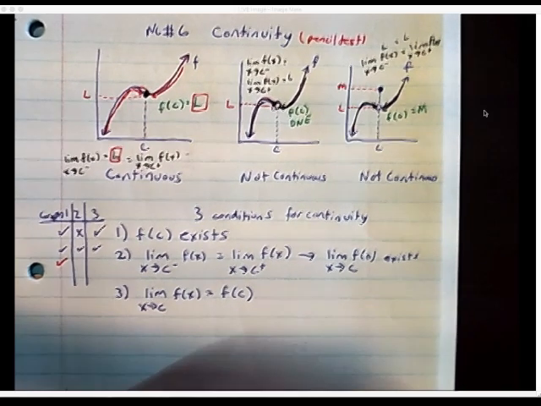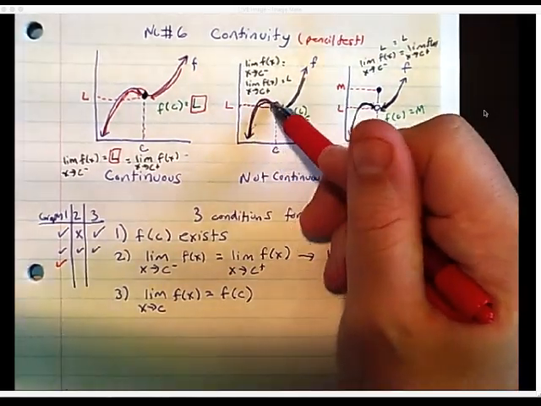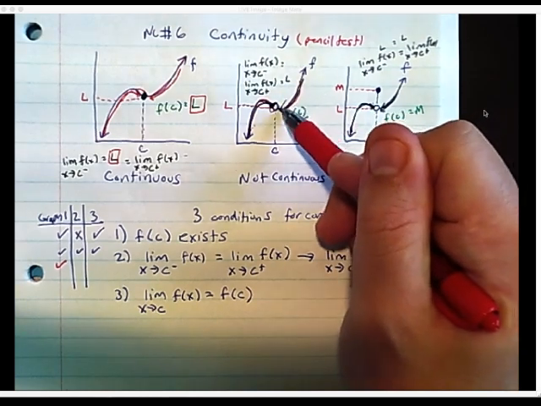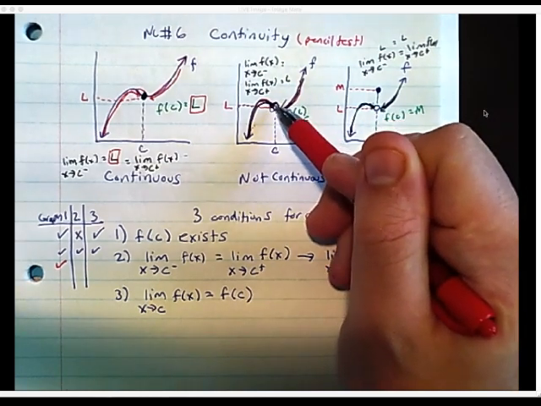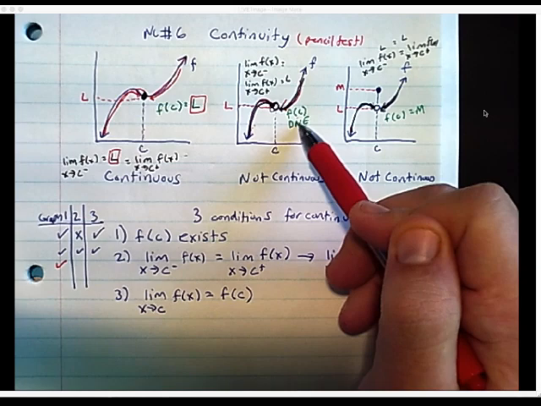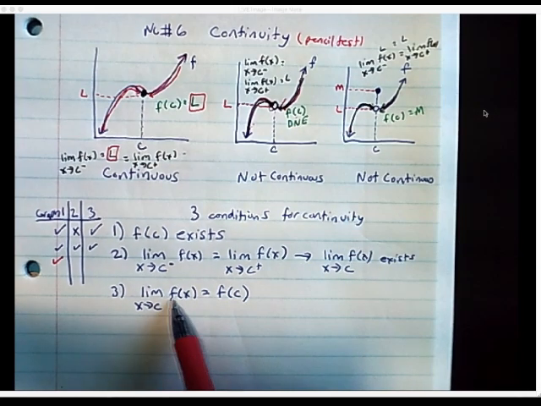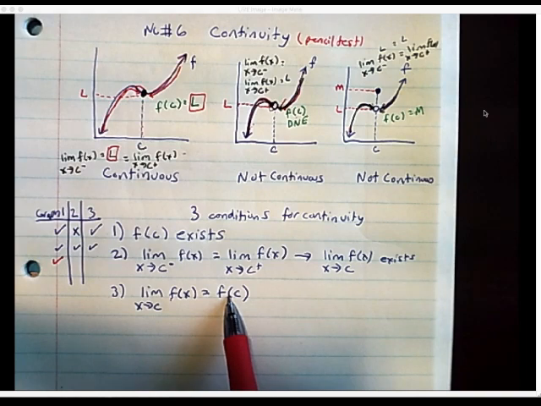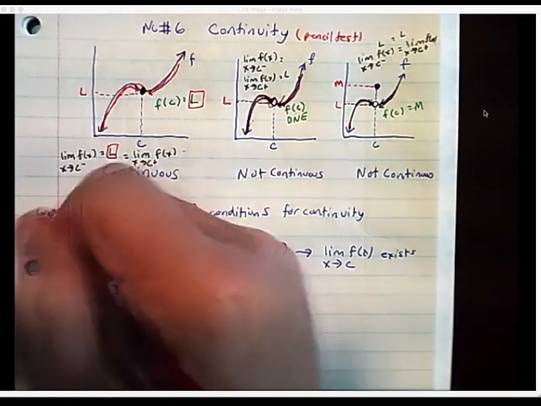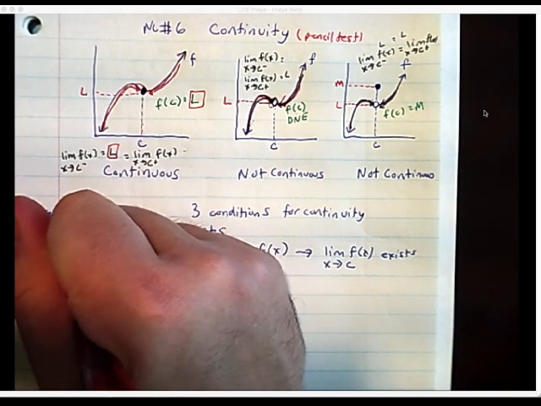Okay. But in graph 2, even though I'm approaching L, there's no function value there. The function does not exist there. Okay, so here, this thing equals does not exist. So it can't be true. So it fails that condition as well. It fails condition 3.